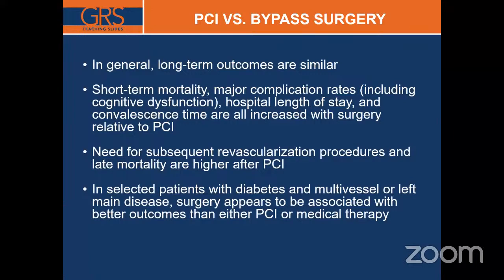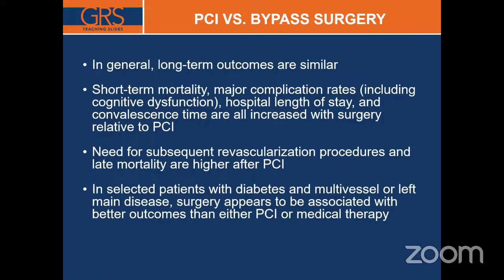Ultimately, the choice between PCI and bypass depends on factors such as extent and location of coronary artery disease, overall health status, and patient preferences, aiming to achieve optimal outcomes in symptom management and mortality reduction for patients with chronic coronary artery disease.